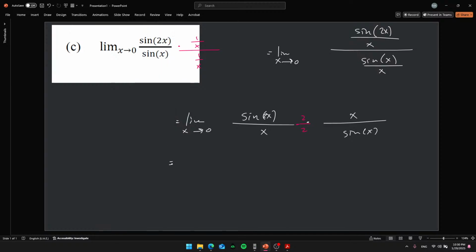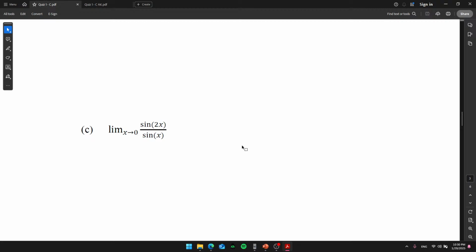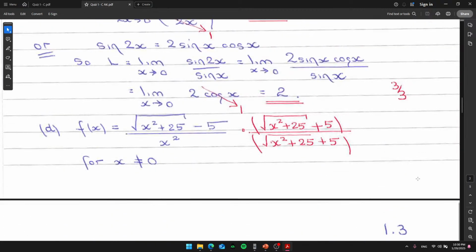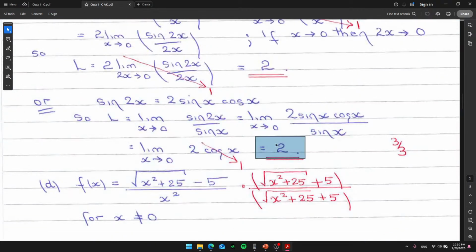You should get limit as x approaches 0 of sine 2x over 2x times x over sine x. This will give you 2 times 1 times 1, which is 2. Yep, 2.